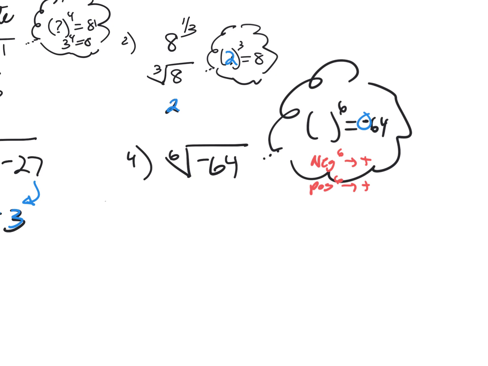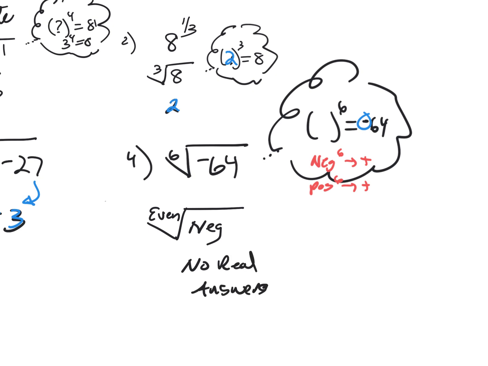If you have an even index and a negative under the radical, there's no way that can be done. So that is going to be no real answer. It's an imaginary answer. We're not looking for imaginary answers in this unit. There's no way you're going to be able to get a negative answer when you have an even power, because no matter what you raise to an even power, it's always going to come out to be positive.